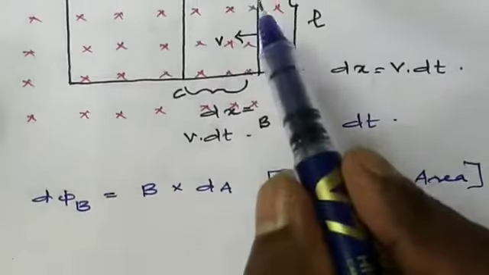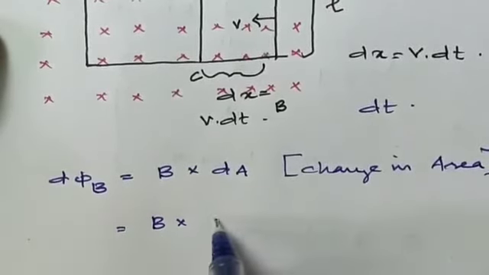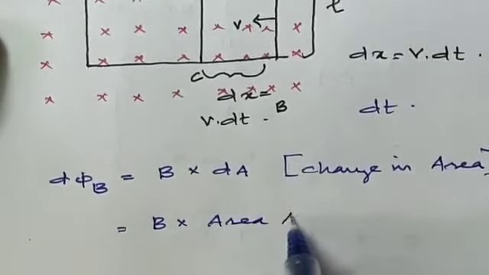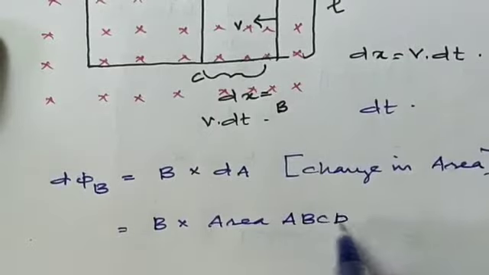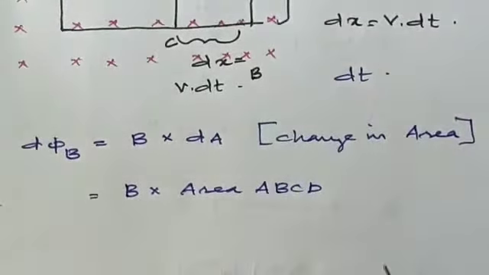The area change is the area ABCD, that is length into breadth.